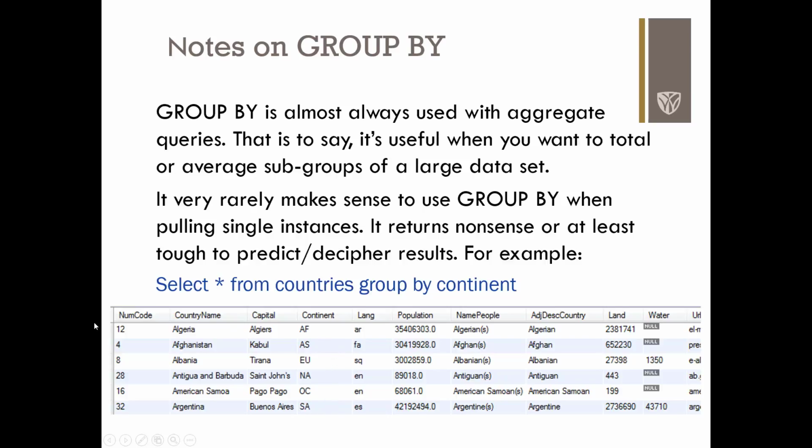Now, this listing is actually not too meaningful, because it's taking the first country listed in our table for that specific continent, and displaying information for that country alone. Without any kind of aggregate command in here, it's really not that meaningful to group it by continent.